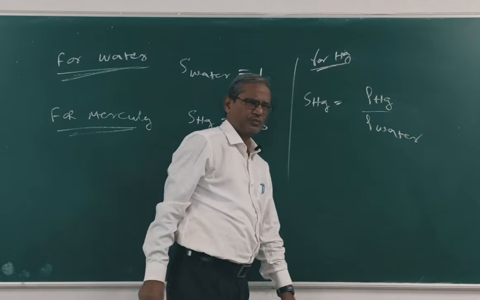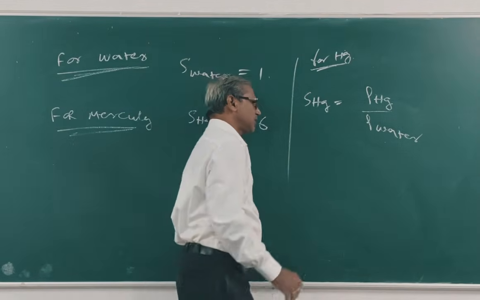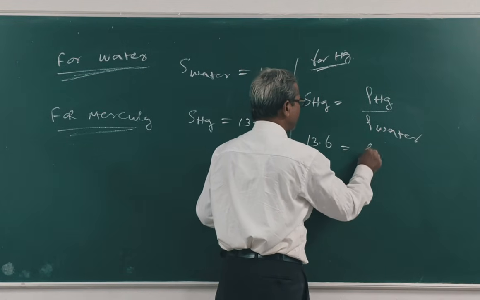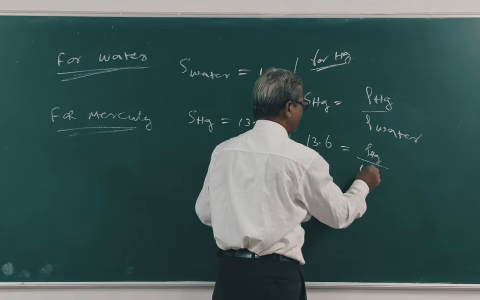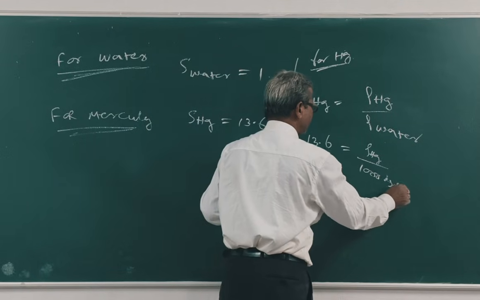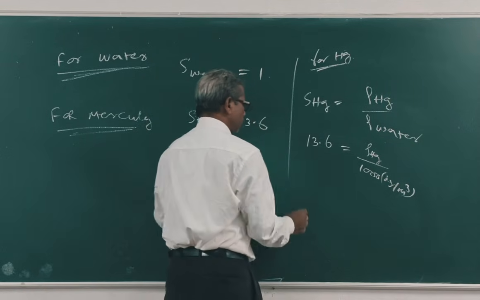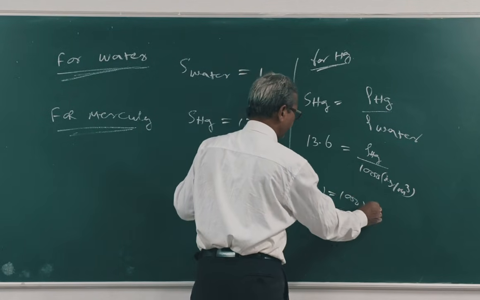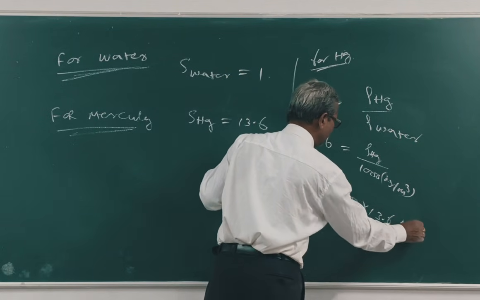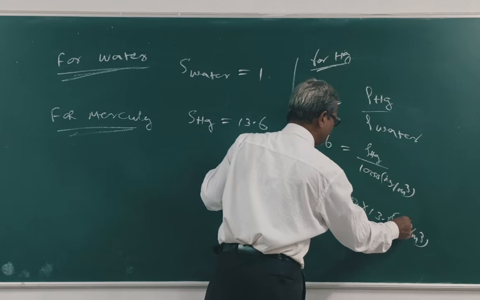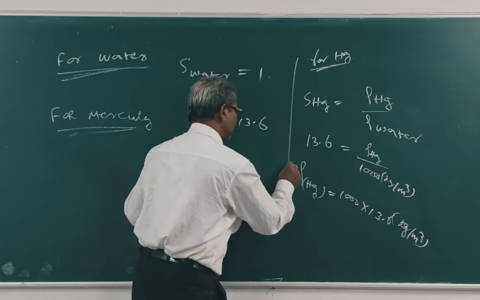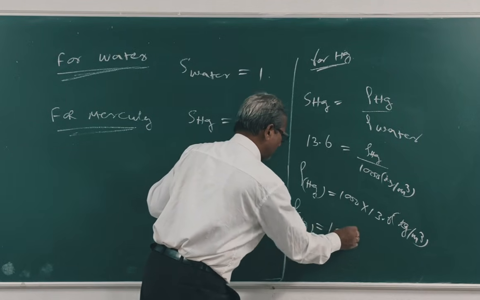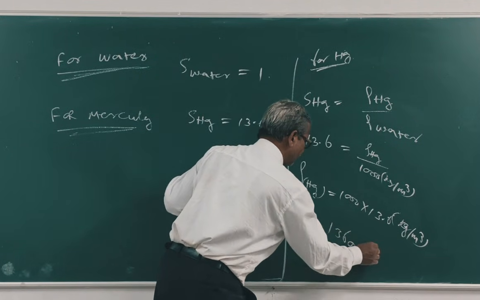Clear? This is 13.6 is equal to rho Hg by 1000 kg per meter cube. What is rho Hg? It is 1000 into 13.6 kg per meter cube. Clear? So rho Hg is 13600 kg per meter cube.